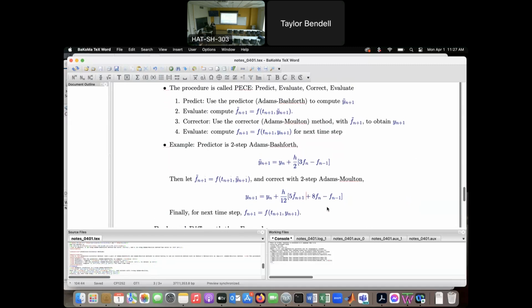Okay, one thing I want to mention about order of accuracy. I want to make sure I'm not giving you something that's erroneous.